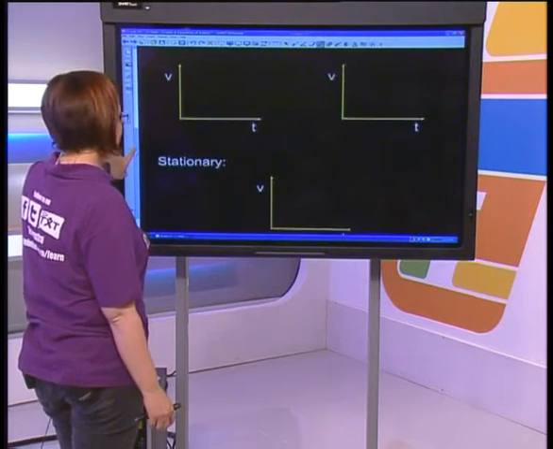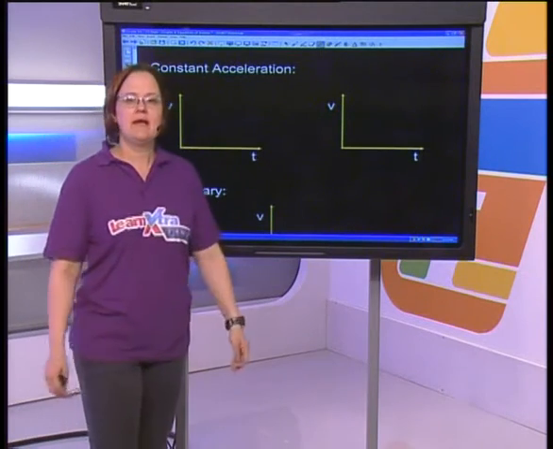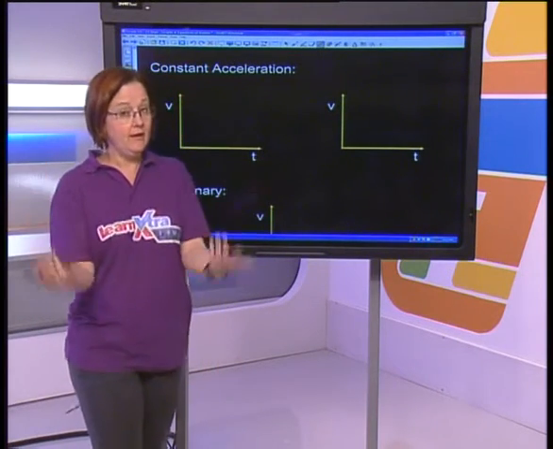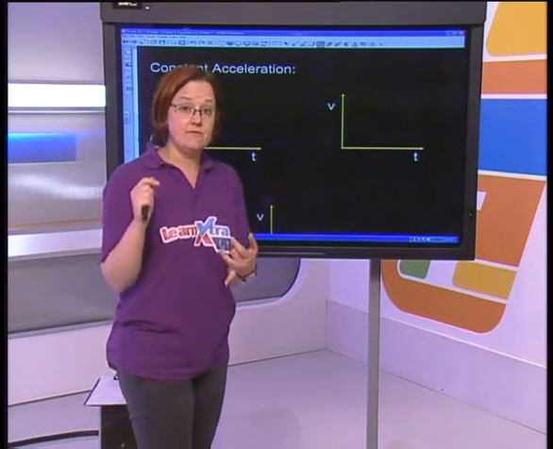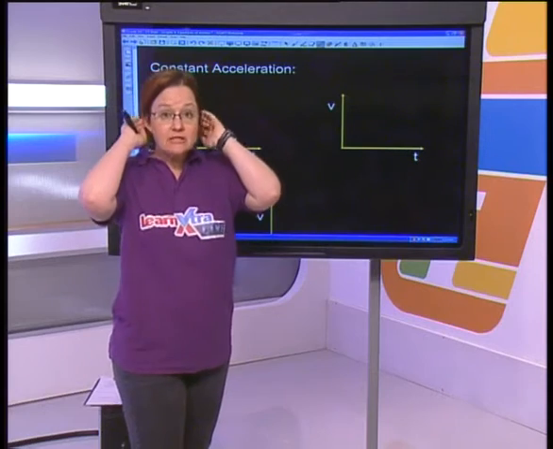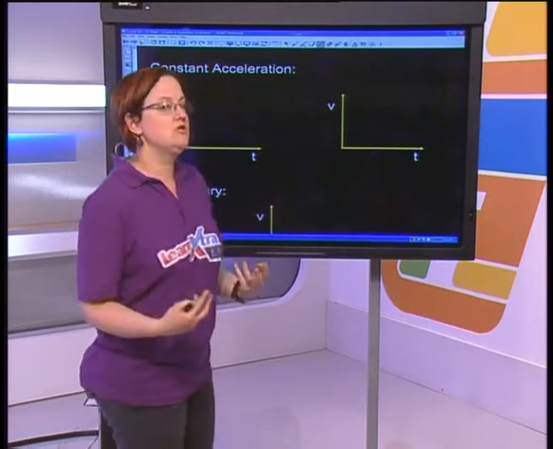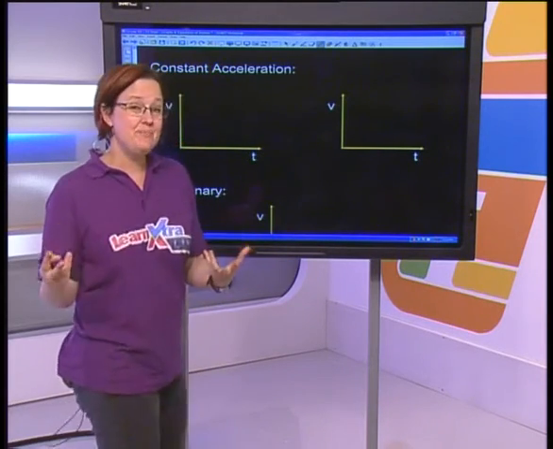What happens if we have constant acceleration? Now, like we said with displacement, this can either be positive acceleration or negative acceleration. If it's positive acceleration, we assume that it's speeding up, getting faster.